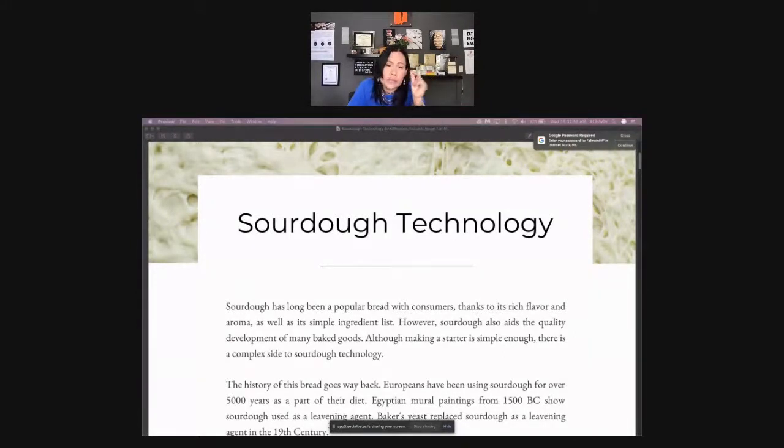Sourdough is interesting. There is an up and coming demand in the market for it. But really, if you want to get into this, you need to understand the bottom line: what it provides, what kind of capex you need, and what kind of talented labor you need to do sourdough as well.